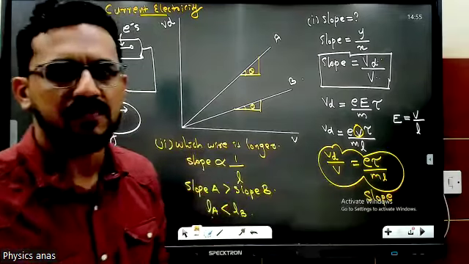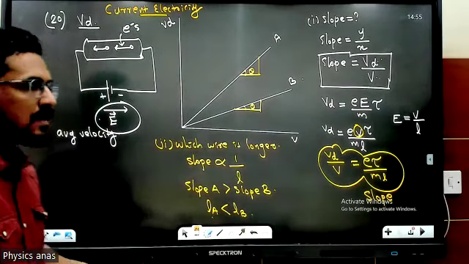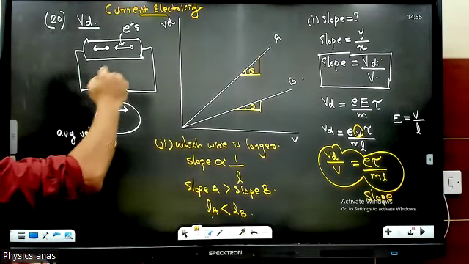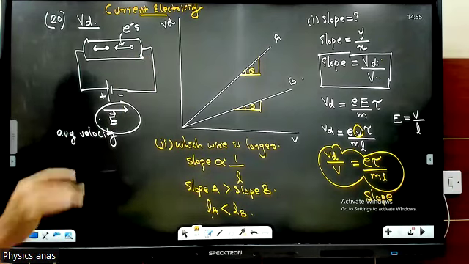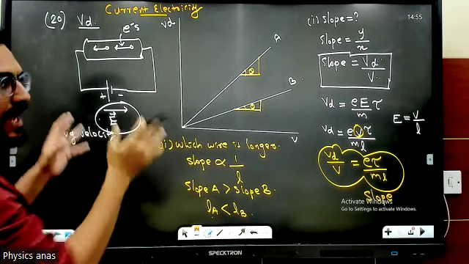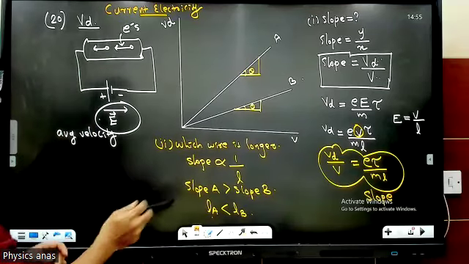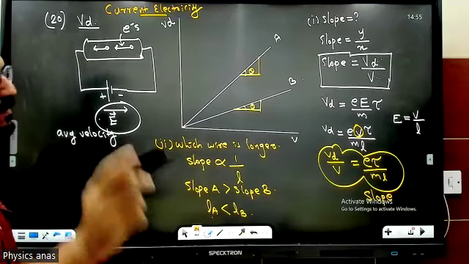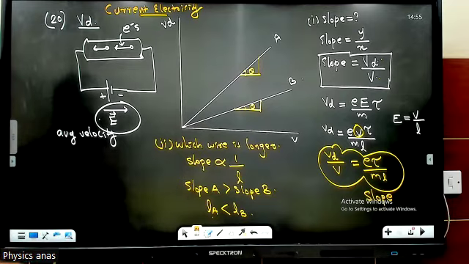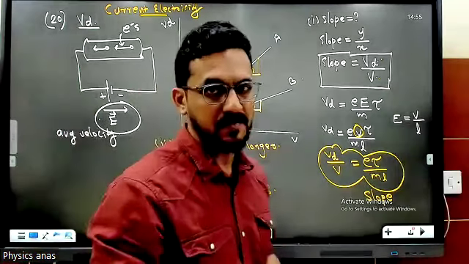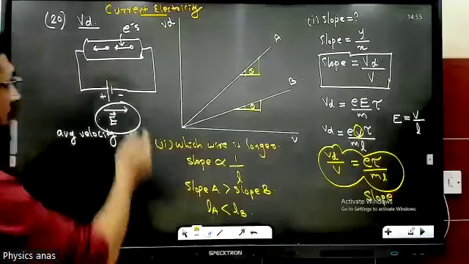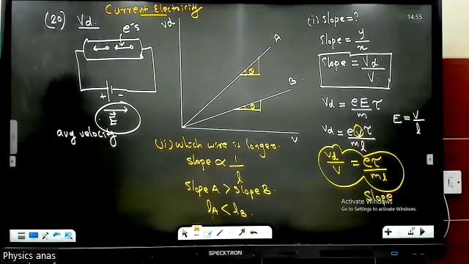If you have connected that conductor to a cell, to a battery, then due to that electric field, the electrons will be moving in a particular direction. The electrons will move in a direction opposite to the electric field.